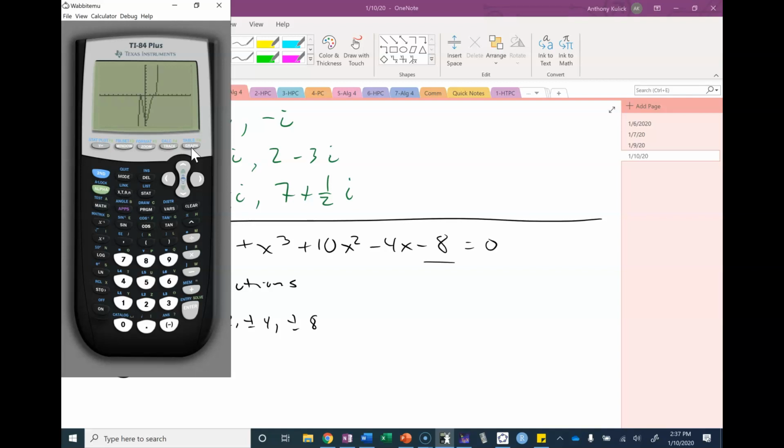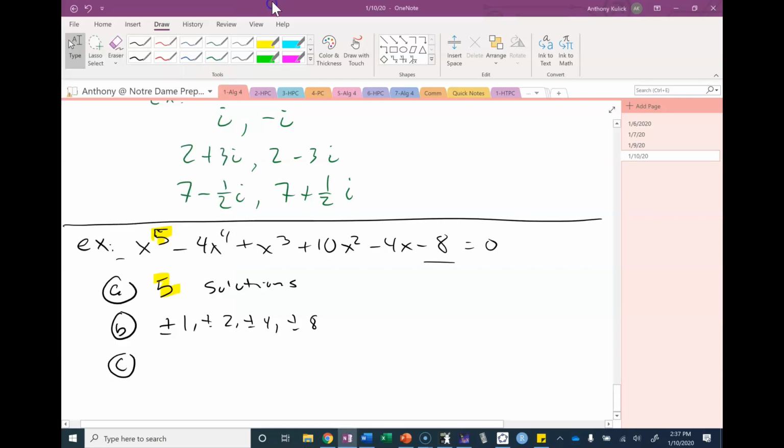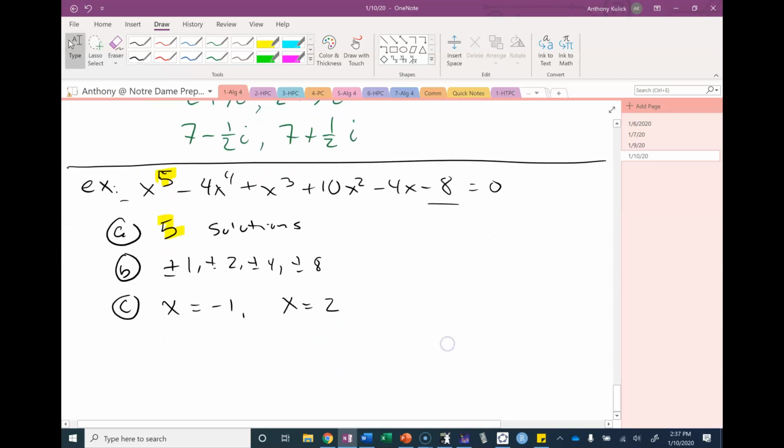So if I look, it looks like negative 1 and positive 2 are my two x-intercepts. You guys agree with that? It says compare your answers for B and C to identify any likely irrational solutions.